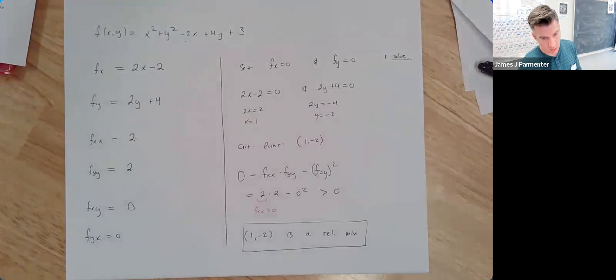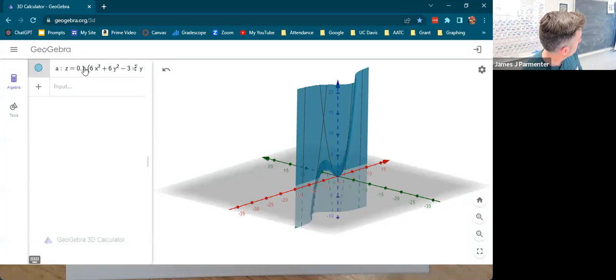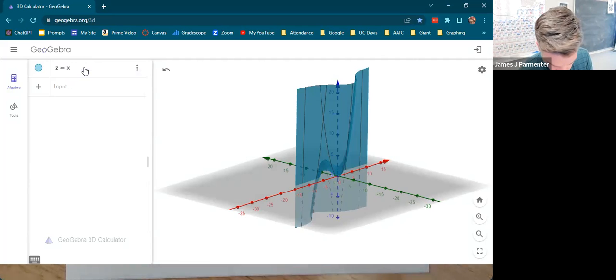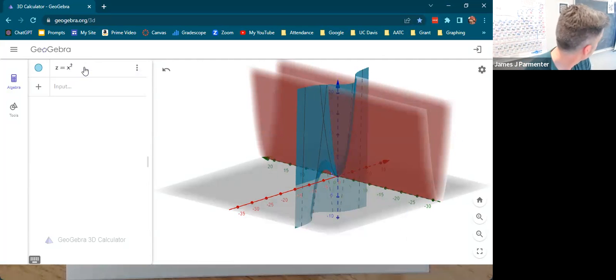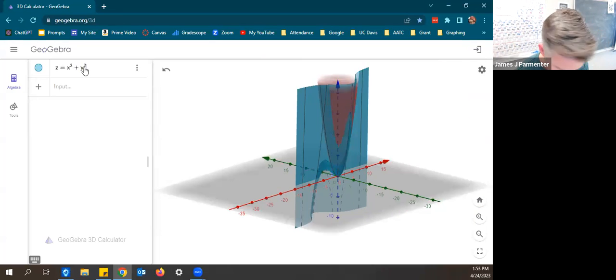I suppose you could see it if you really wanted to see it. There we go. This one will actually probably not look too terrible. We graph it. We have z equal to x squared plus y squared minus 2x plus 4y plus 3.